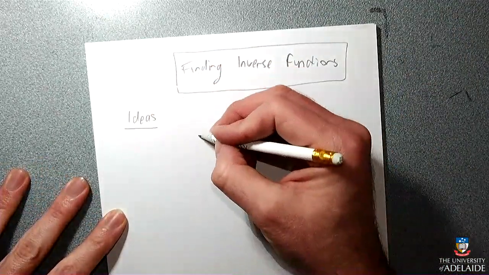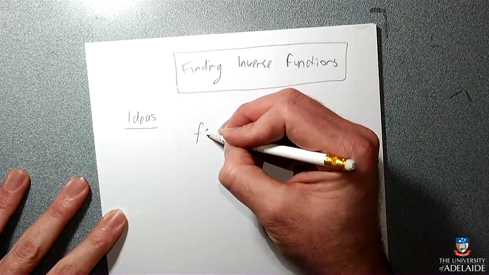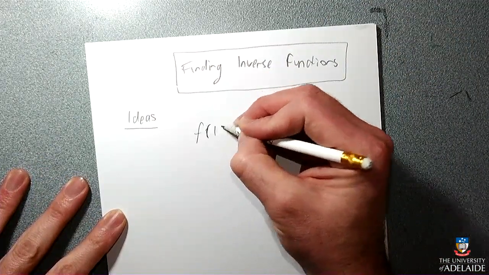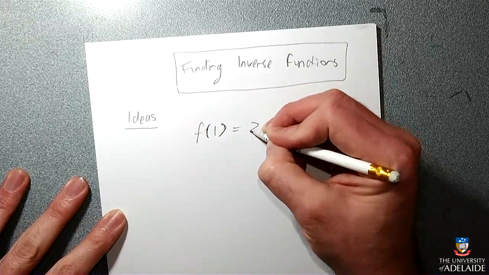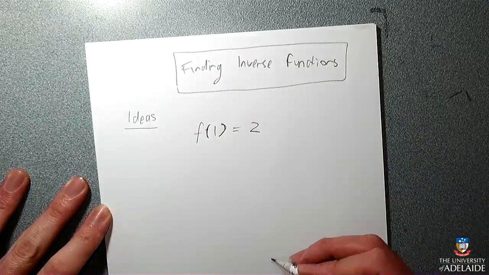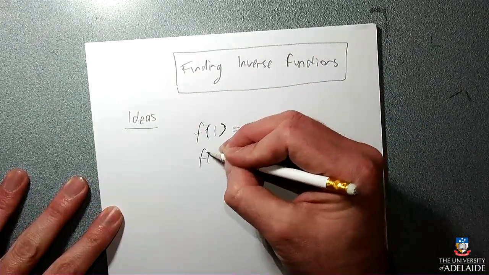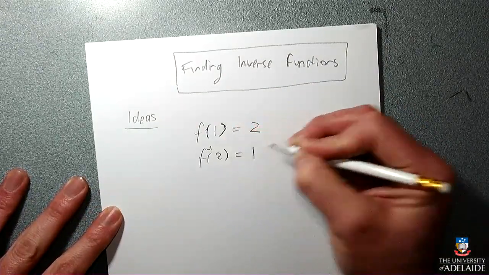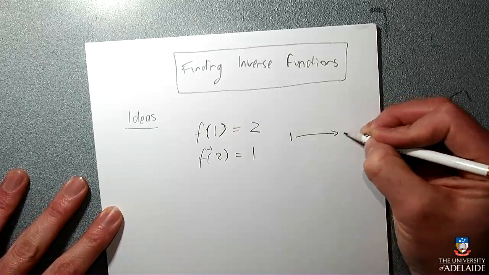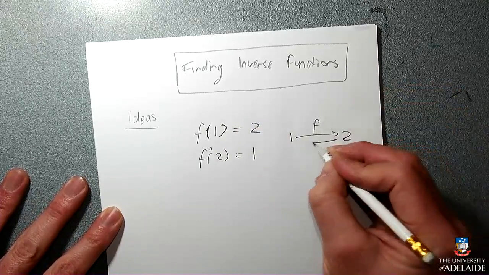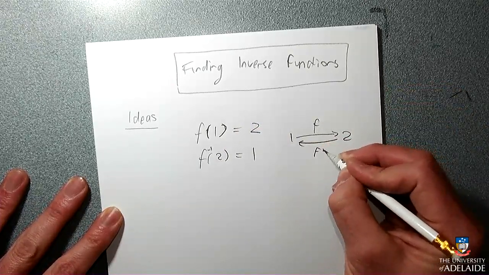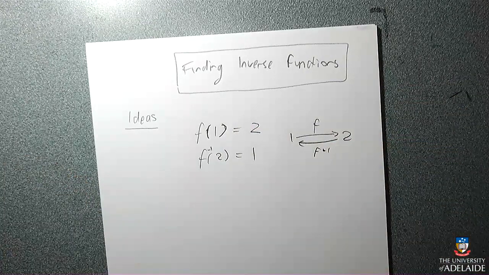Some intro ideas: if you had a function that did this, like that, then the whole point of an inverse is to go backwards the other way. So if 1 goes to 2, and that's what f does, then f inverse comes back the other way and sends 2 back to 1. The whole point of it is it undoes whatever the original function does.